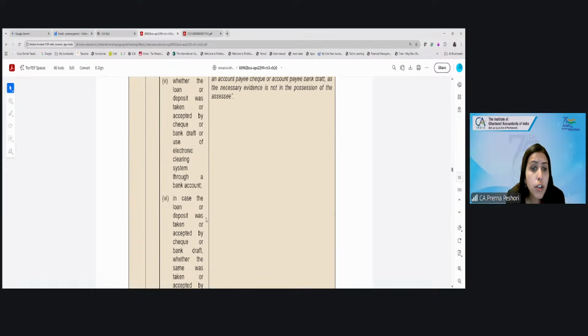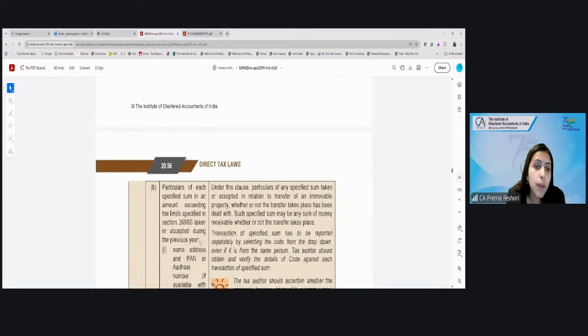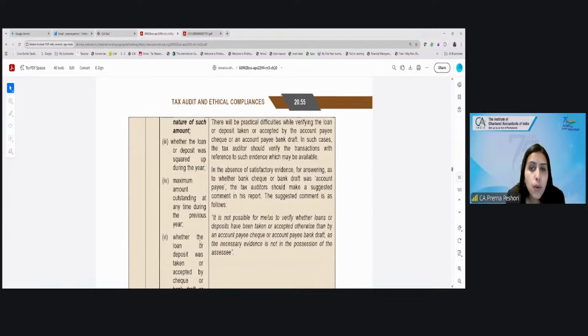In case the loan or deposit was taken or accepted by cheque or bank draft, whether it was an account payee cheque or account payee bank draft. So all this information you need to report over here. Okay, is this clear?